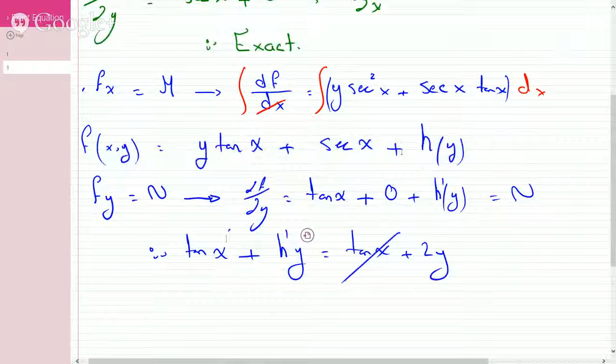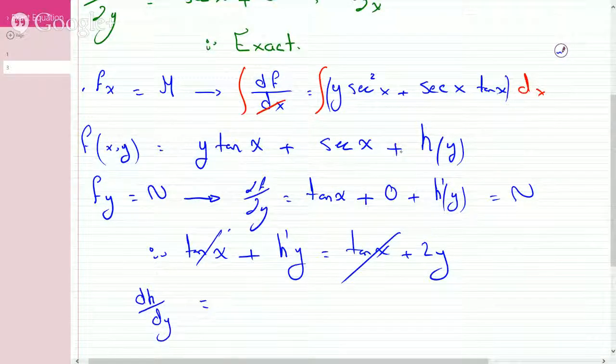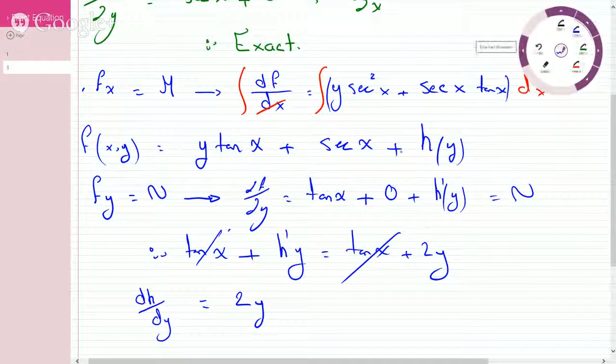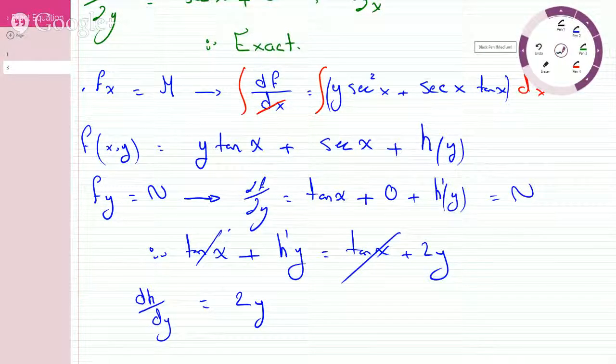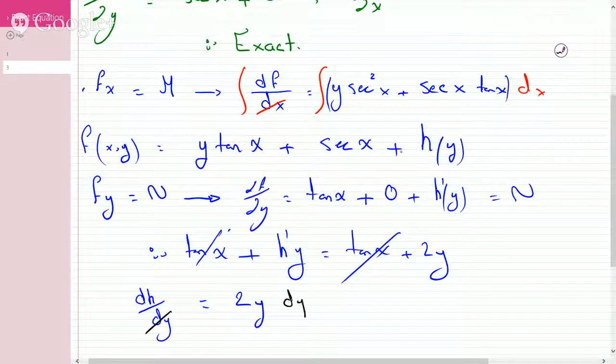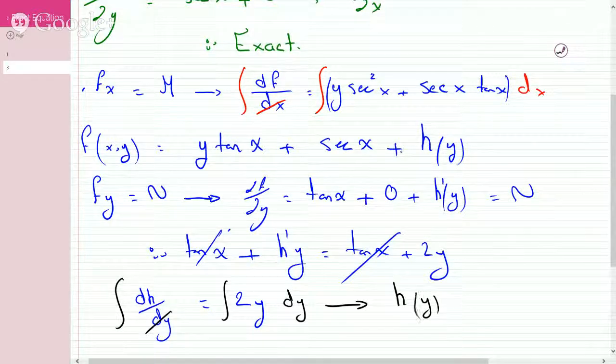The tan x goes away, and we get h prime, which is dh over dy, equal to 2y. And likewise, we can just move the dy here, integrate both sides, and we get h of y to be y squared.